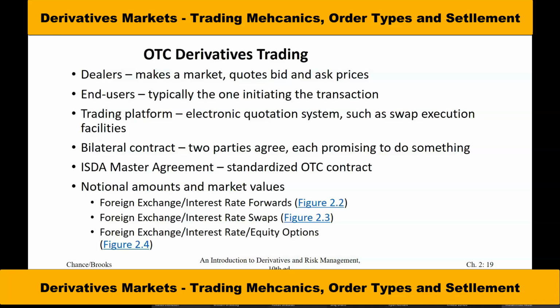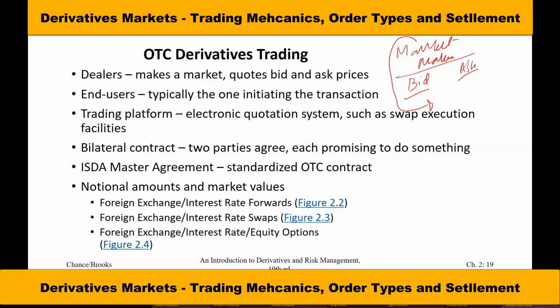The OTC market is, as we know, a dealer's market, and in each of the OTC derivative markets, we have the market maker, and the market maker basically has a function, and that is to provide bid and ask. We say that the market maker provides liquidity or creates liquidity in the market.